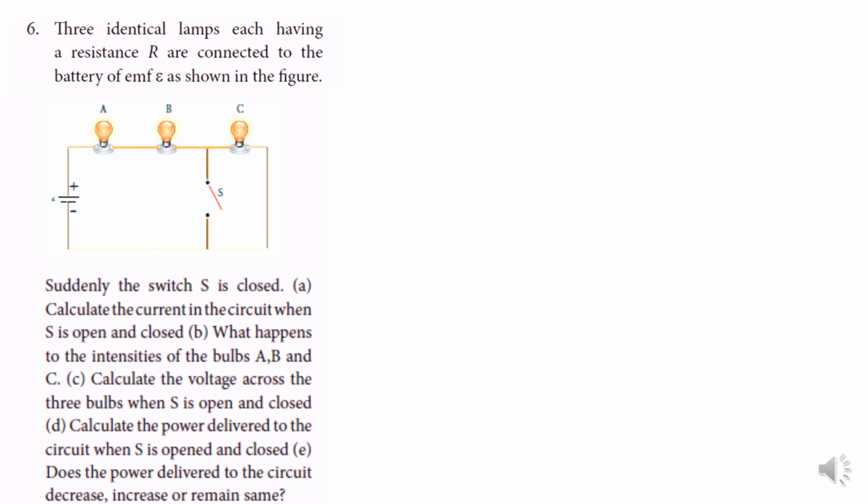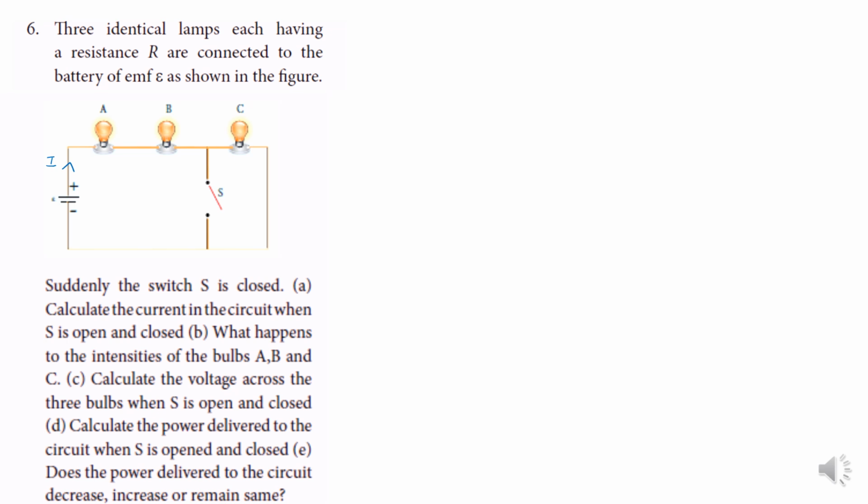Okay. So the circuit is given as, this is an EMF source. So current is drawn in this direction. This is conventional current. So when S is open, it flows through A, B and C, and then the circuit is getting closed. Since switch S is open, no current flows through this branch.